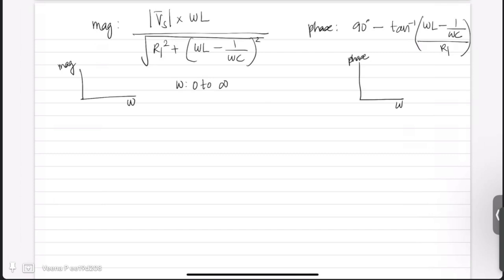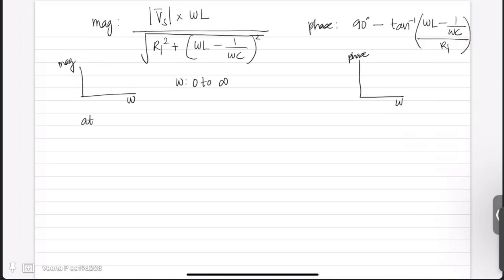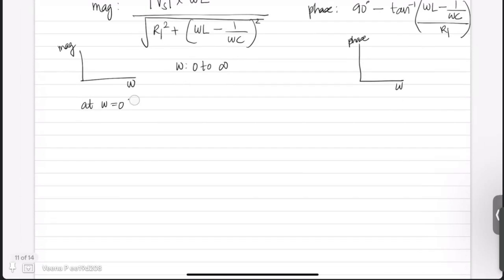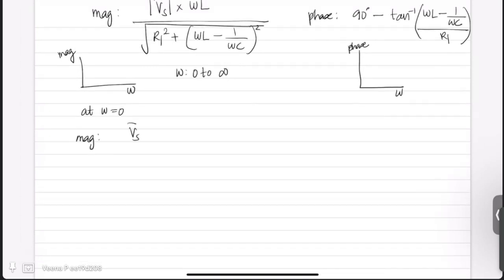So let us see the end points, which is easy to analyze. Starting with omega equal to 0. That means you have to substitute omega as 0 radian per second. So the magnitude at omega equal to 0 is magnitude Vs times 0 times L divided by under root R1 square plus 0 times L minus 1 by 0 times C the whole square.